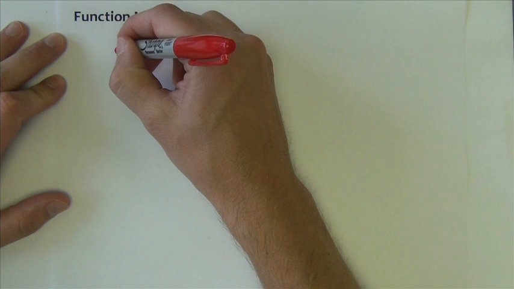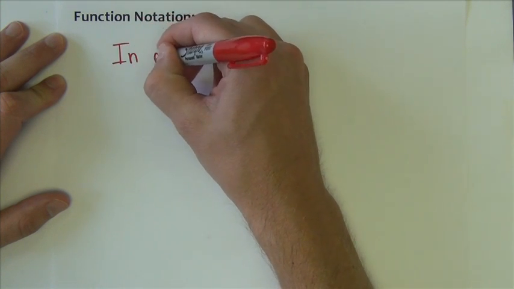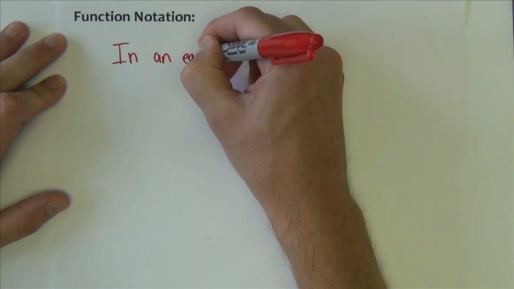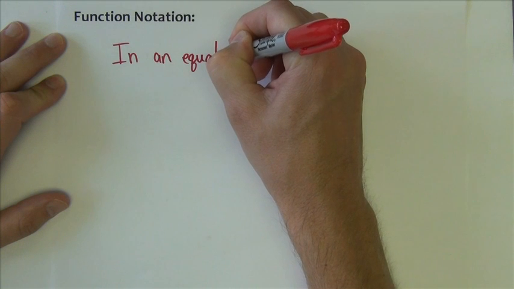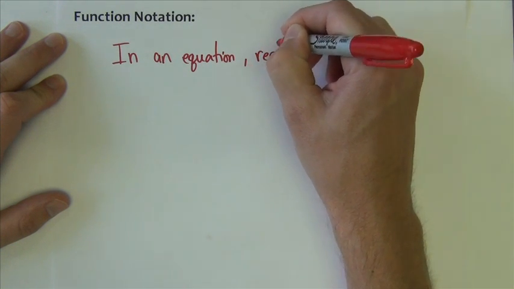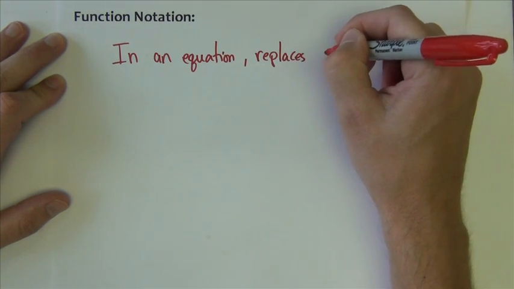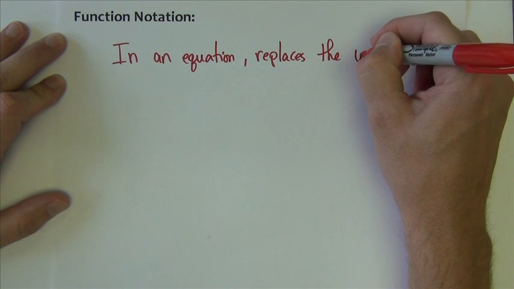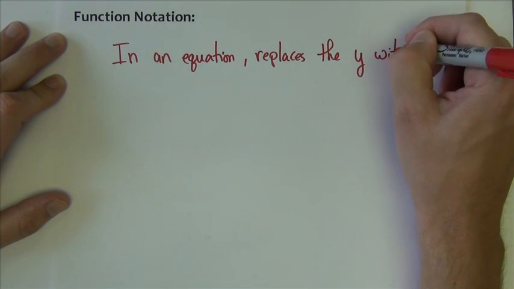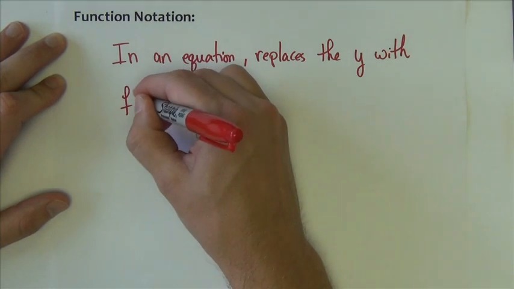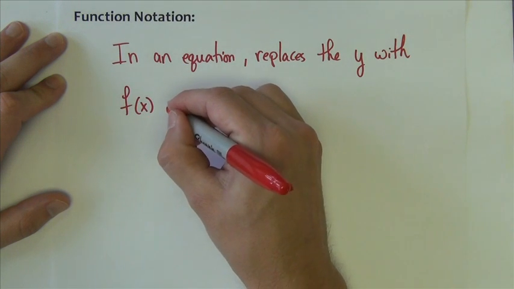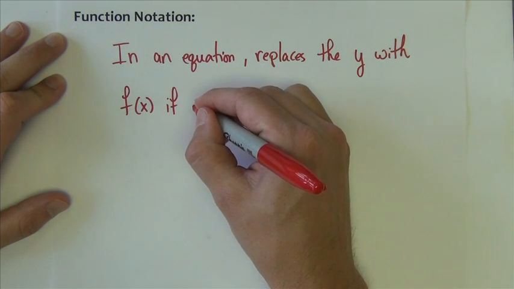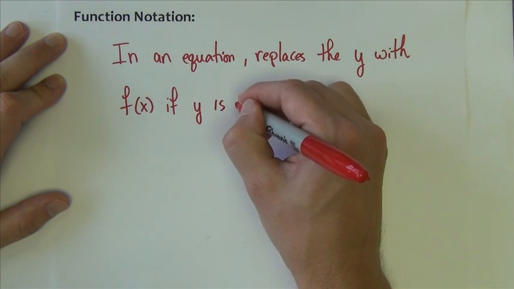So function notation, in an equation, replaces the y with f of x if y is a function.